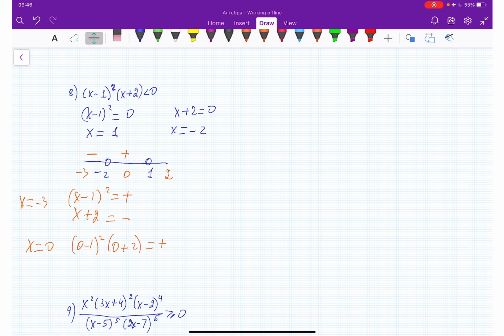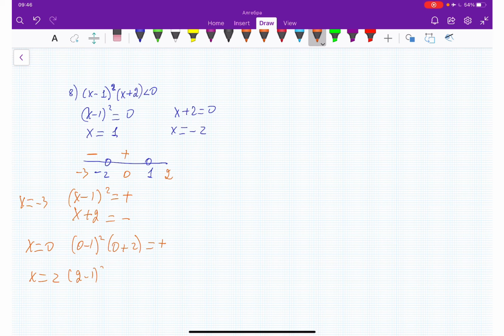And taking x equal to 2, we get 2 minus 1 squared and 2 plus 2. It is going to be positive. So our only solution is going to be less than negative 2.